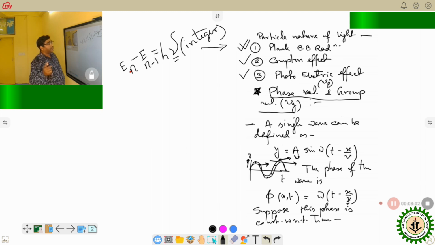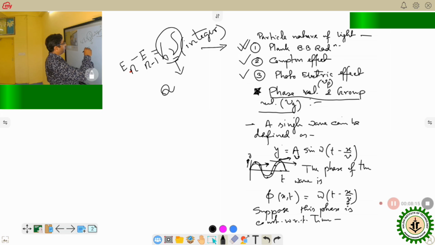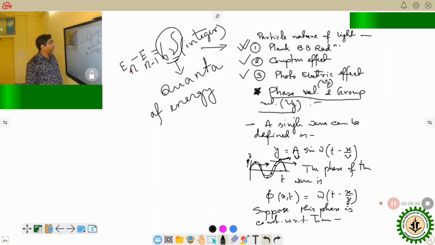While we were discussing Planck's blackbody radiation, the quanta of energy was first proposed.